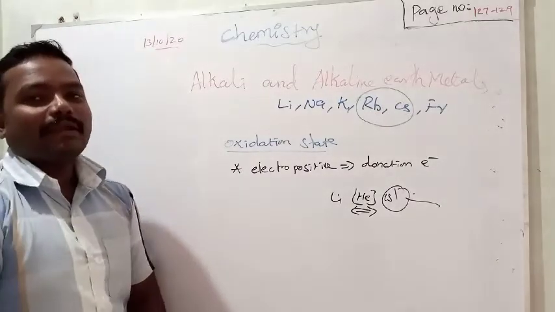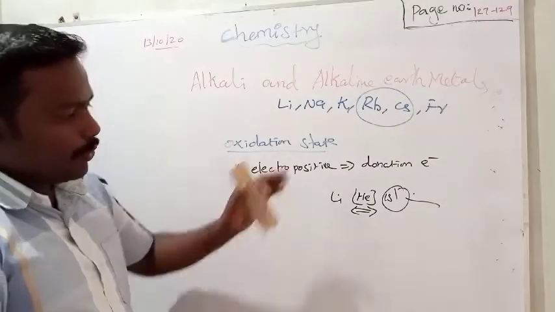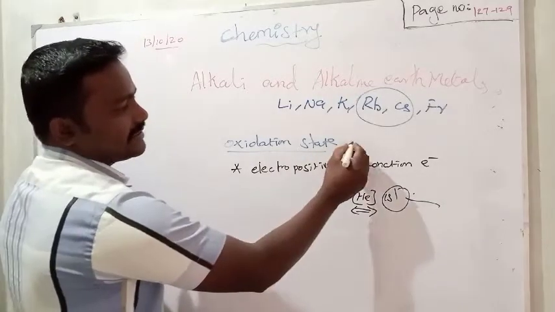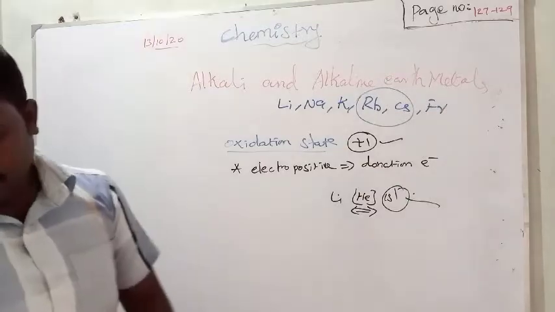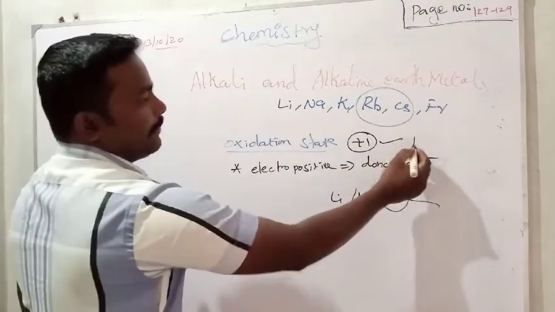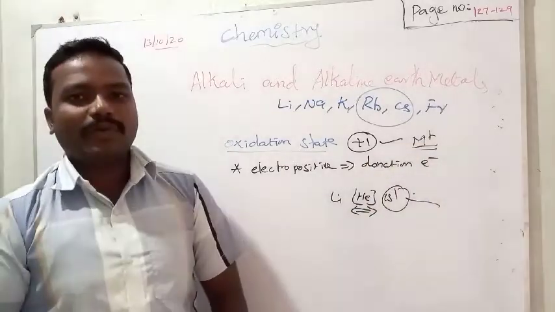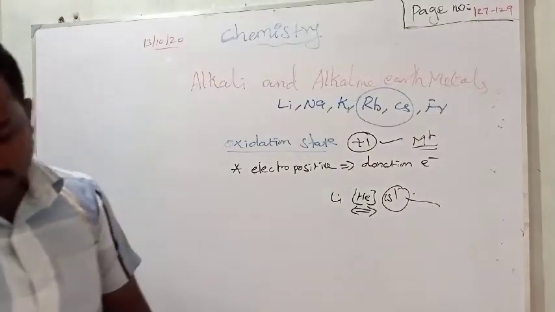But the second is very difficult to remove, that we will see, right? So one electron it will easily donate. So the oxidation state of the first group elements is +1, right? Or in symbol we can write M plus. Mono positive. What do you mean by mono positive? +1 positive charge only is called mono positive.